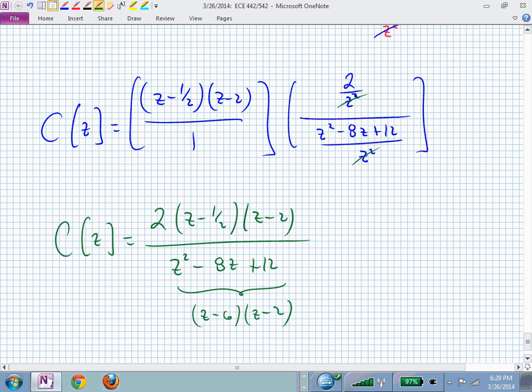As a factored form, which is good because I better not be having my controller canceling that unstable pole at z equal 2. And if I had a numerator factor sitting up there, it's going to cancel it, that z minus 2. So in this process, I've now allowed that to be eliminated, and my controller now is going to be 2 times z minus 1 half all over z minus 6.